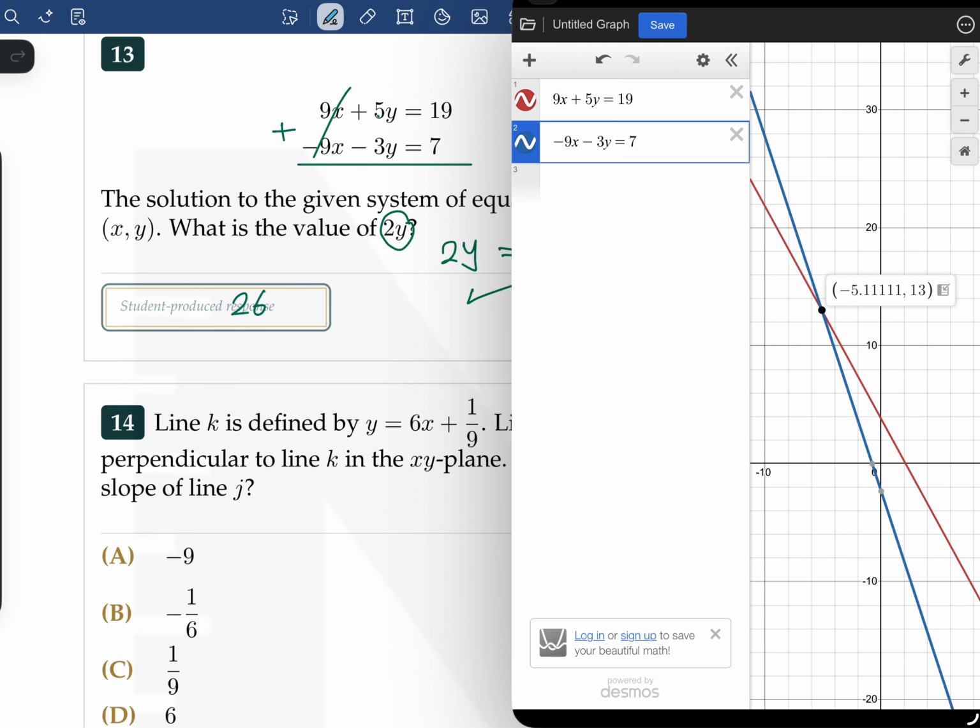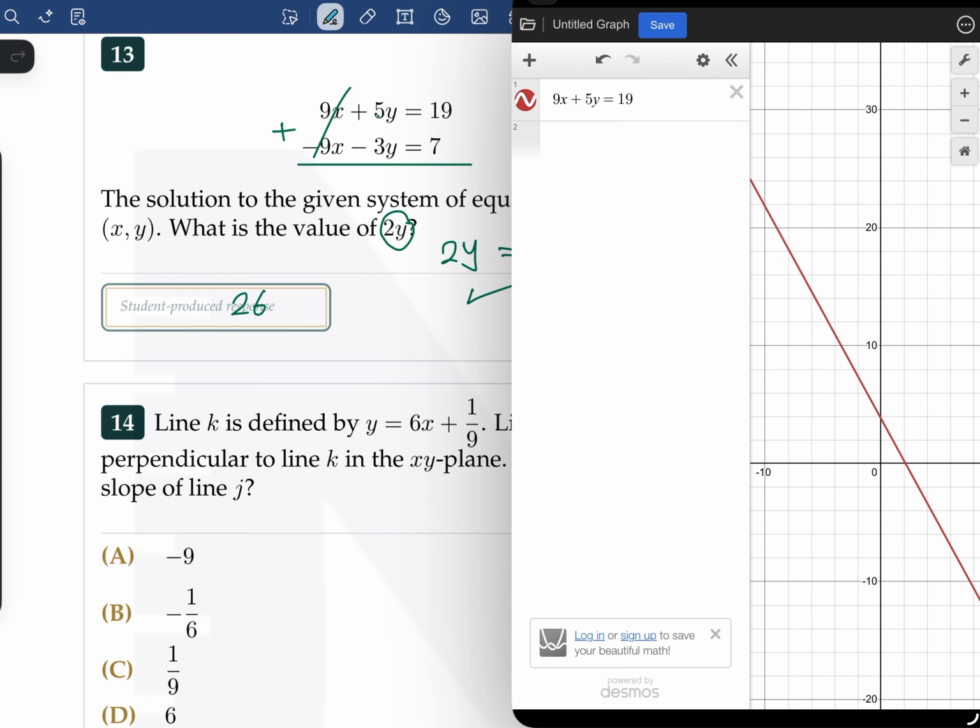You can just put your mouse here and you get 13 as the value of y. Here is this 13 because we are talking about y, but we don't need y itself, we need 2y. 2y means 2 multiplied by 13, which is equal to 26.